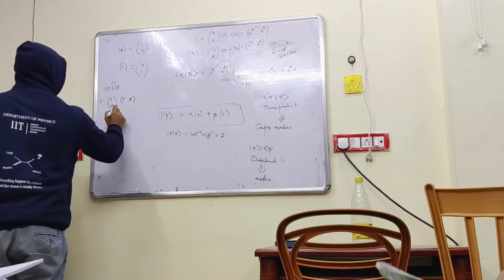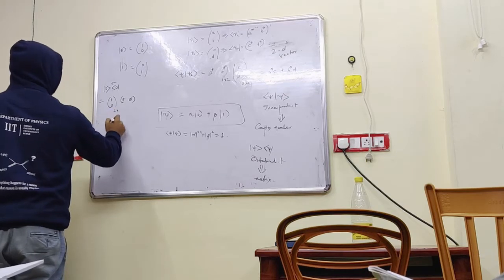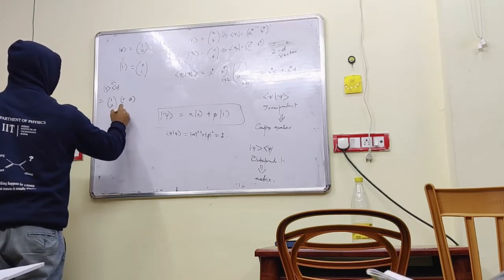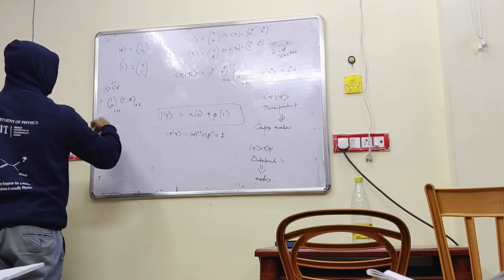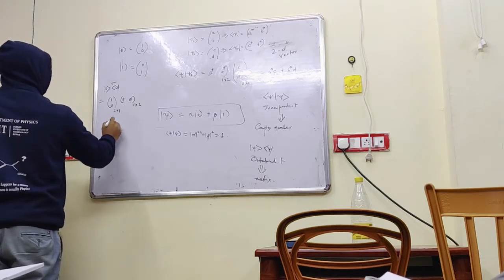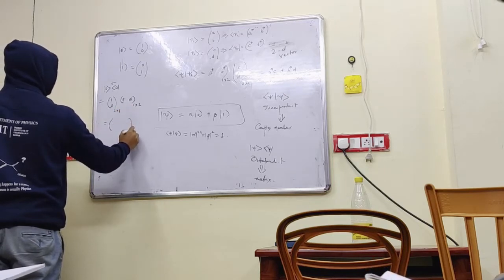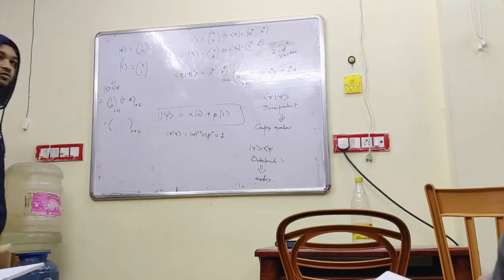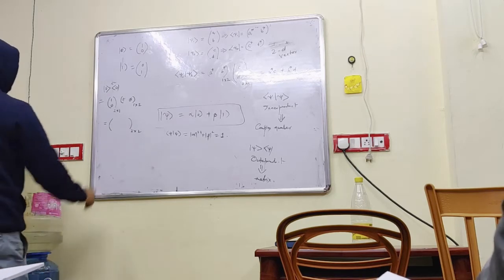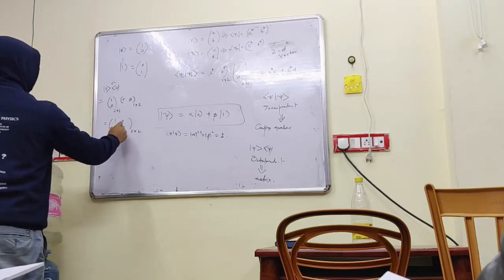So this is a 2 cross 1 and this is a 1 cross 2, so ultimately the result is going to be a 2 cross 2 matrix.